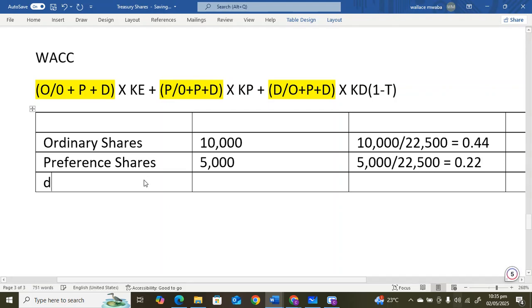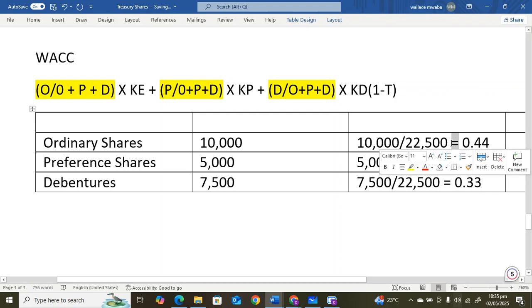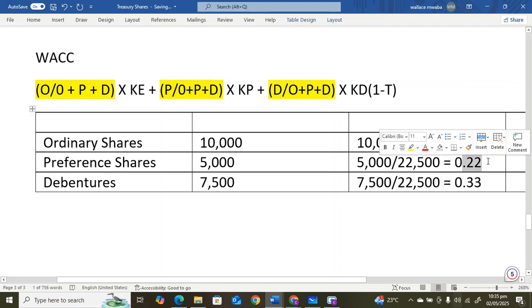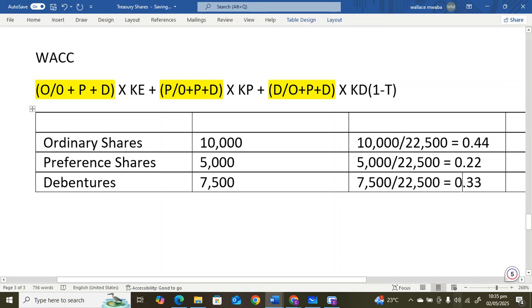Then debentures: 7.5 divided by 22.5 is 0.33. So this is the capital structure of TBL PLC. 44% financing is from ordinary shares, 22% is from preference shares, 33% is from debentures. Any questions?